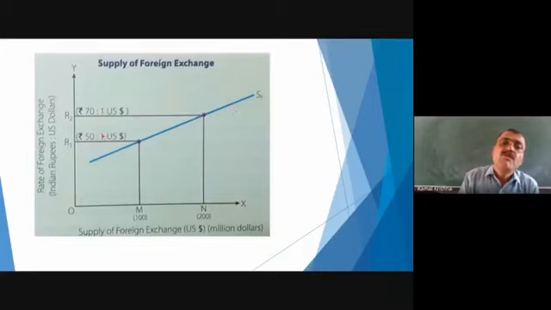When $1 US is equal to rupees 50, the US is selling $100 there, but when the price goes up from rupees 50 to 70, the supply of the dollar will increase from $100 to 200. So it shows here the positive relationship between rate of foreign exchange and supply of foreign exchange. So this is the demand and supply.